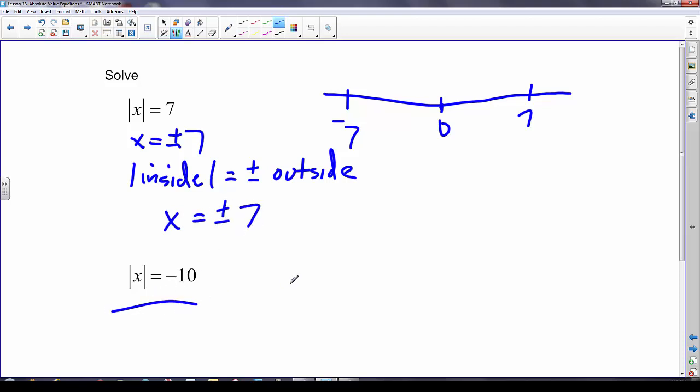This next problem is kind of a trick. It says, where do I have a distance of negative 10 units from x? We already talked about the absolute value has got to be a positive distance, so this has no solution. Absolute value is equal to positive, never a negative.